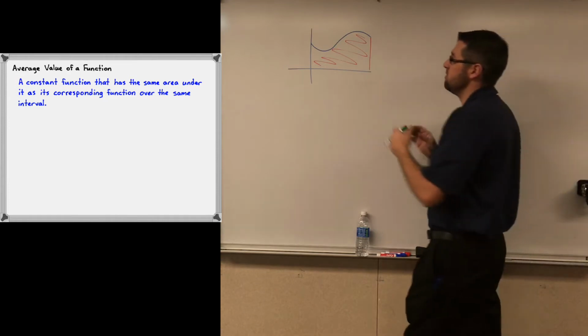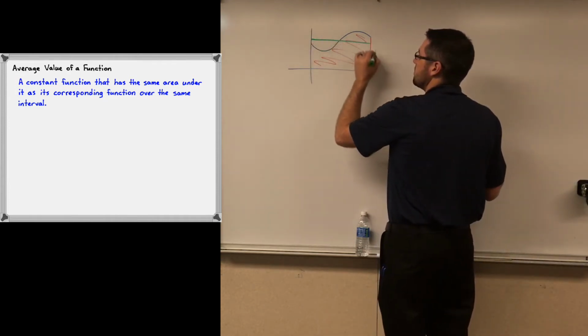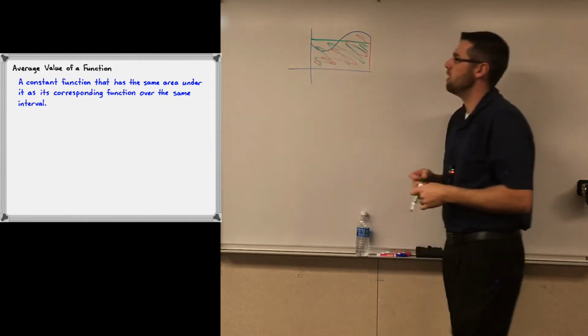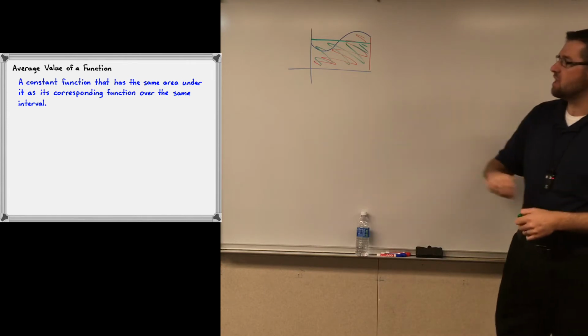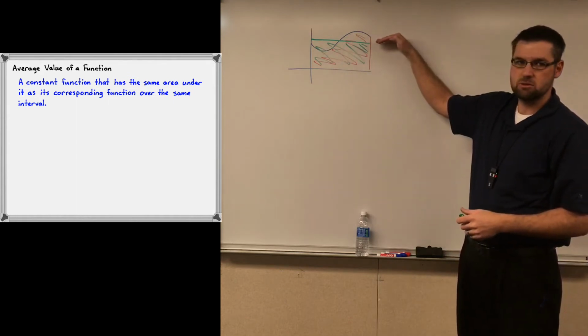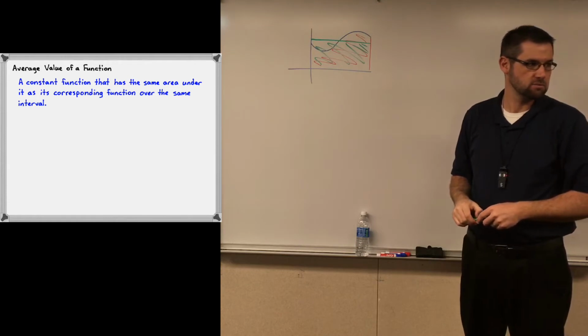In the middle, maybe? Maybe something like this? Would you say that the area under the green line is about equivalent to the area under the blue? So you could say then the average value of the blue curve is equal to whatever the green line is. Okay?